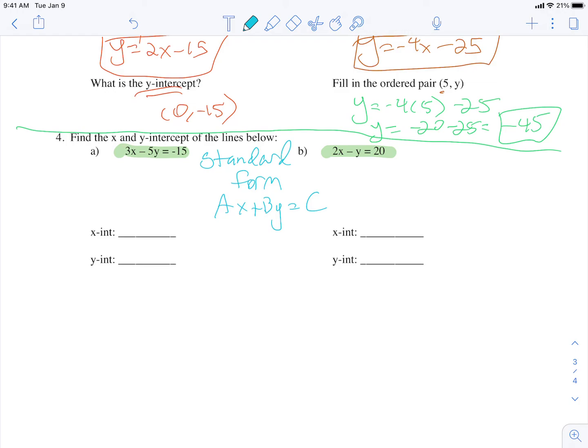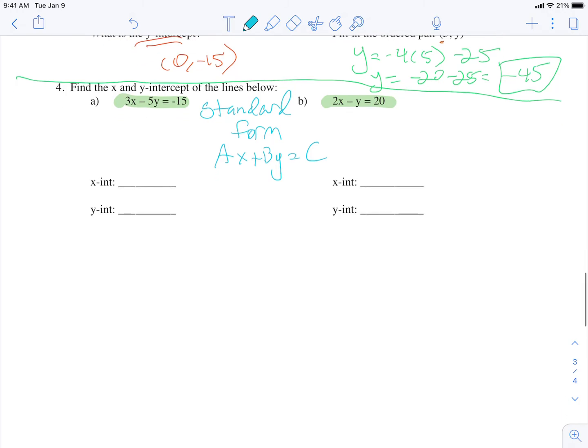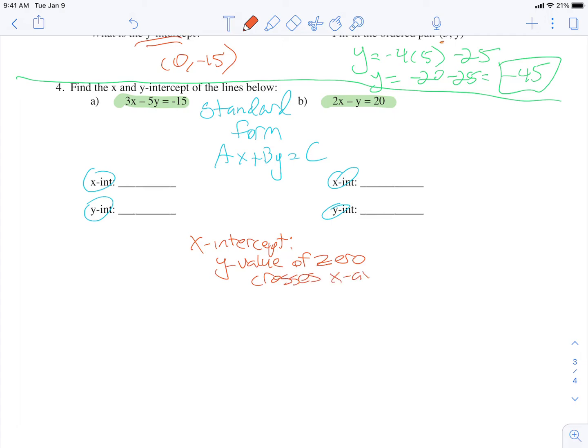Now for graphing wise, they're also really nice because you could graph these with just intercepts. And this is like the big idea that we need to take away from this. And even my seniors still struggle with this. Okay, and I'm on record saying this, so you can play it back to them. An x-intercept has a y value of 0, and that's where it crosses the x-axis.